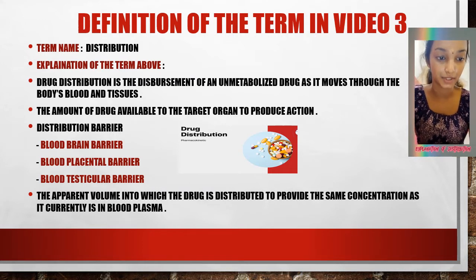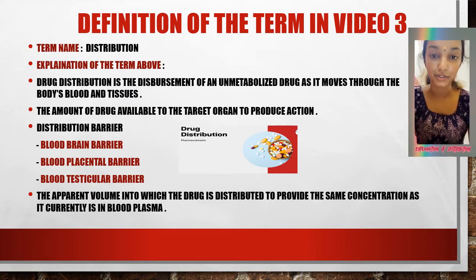Term name: distribution. Explanation of the term: drug distribution is the disbursement of an unmetabolized drug as it moves through the body's blood and tissue. It determines the amount of drug available to the target organ to produce the action.